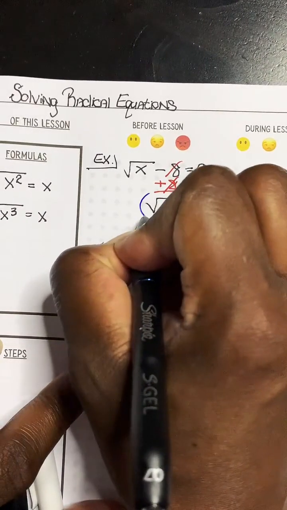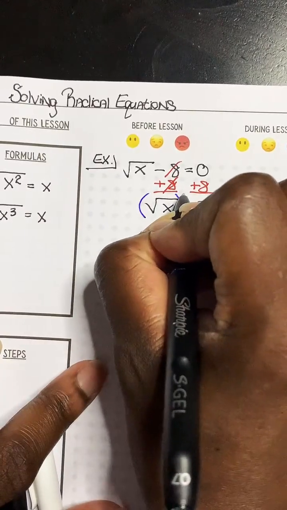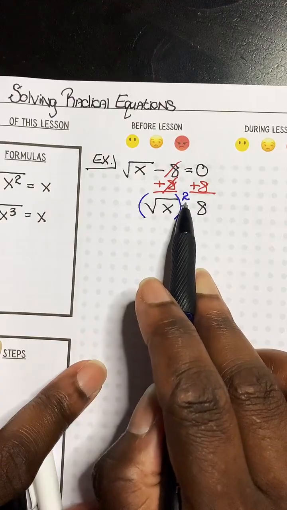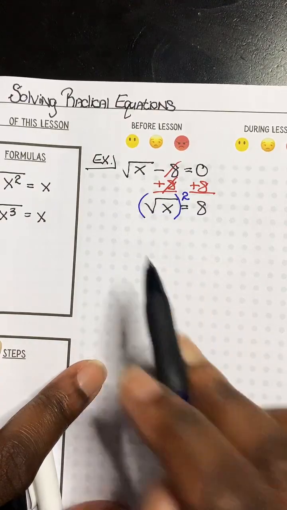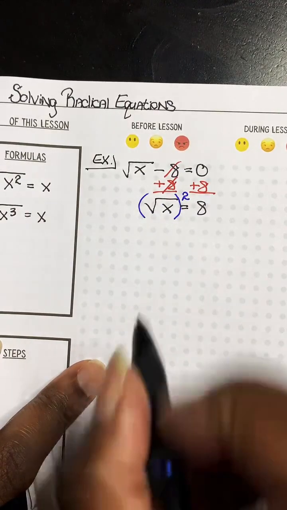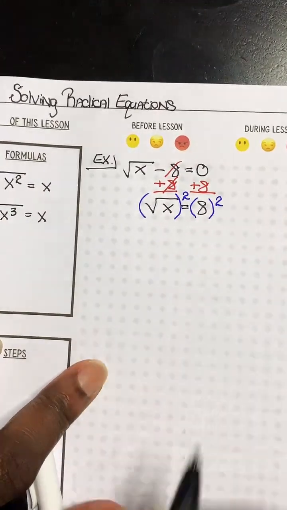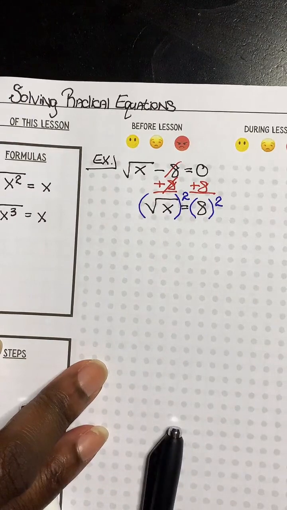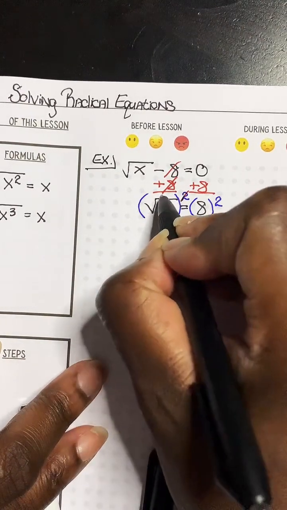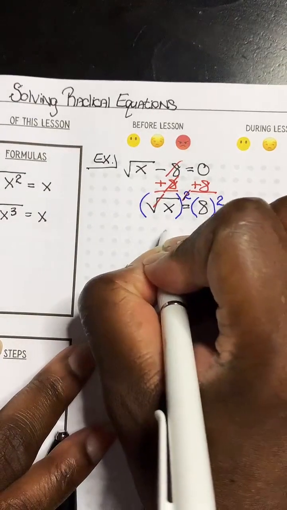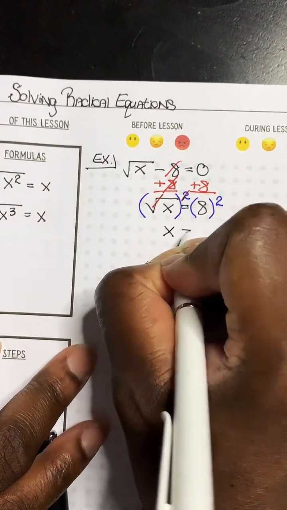So what I have to do is square it. Okay, the inverse of a square root is a square. The inverse of a square is a square root. And whatever you do on one side, you must do on the other. So now we can honestly say that this square and this radical are going to cancel each other out, leaving me with x.